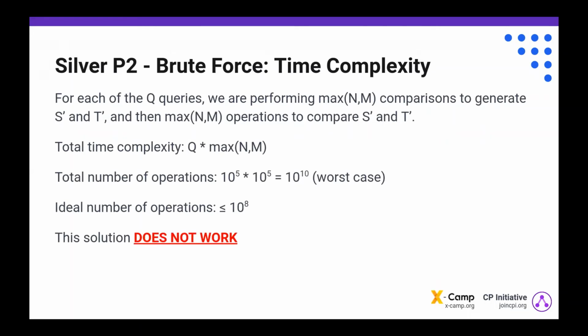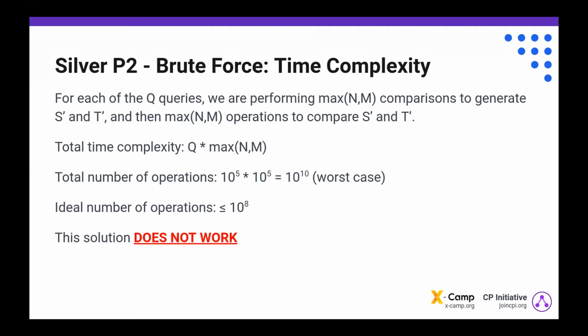Because we have to look at the time complexity. For each of the Q queries, we are performing max of N comma M operations, whichever is greater among N and M, to generate S prime and T prime, and then another max of N comma M operations to compare S prime and T prime for equality.